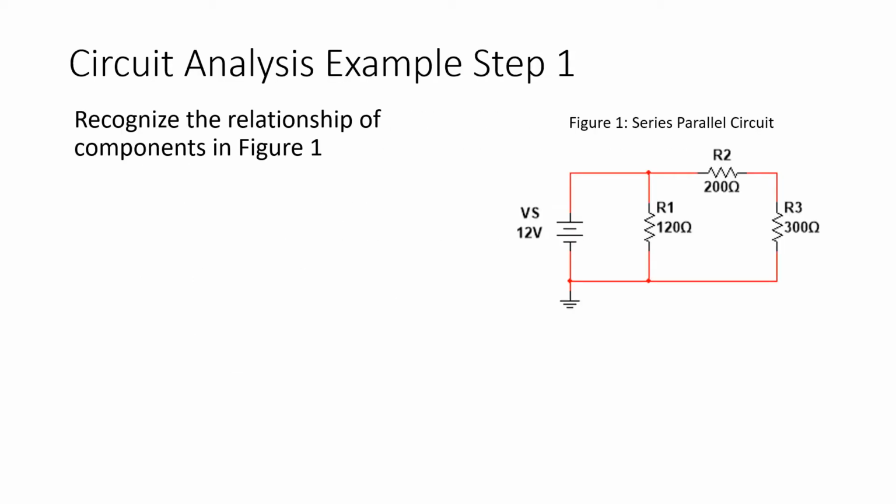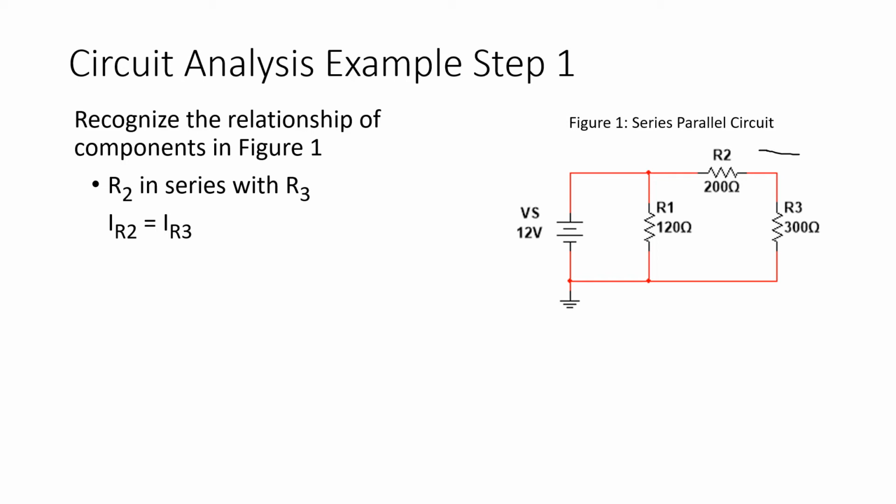So referring to the circuit of figure 1, we see this is a series parallel circuit. And the first step is to recognize the relationship of these resistors. Hopefully we can see that resistor R2 is in series with R3.